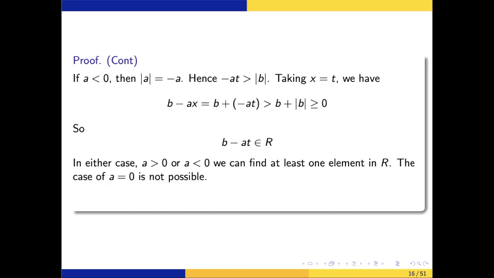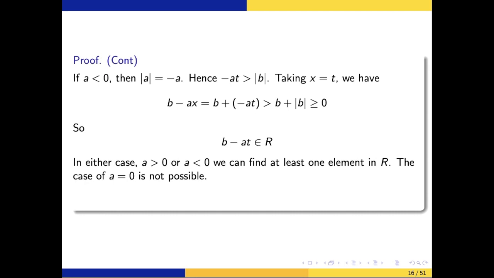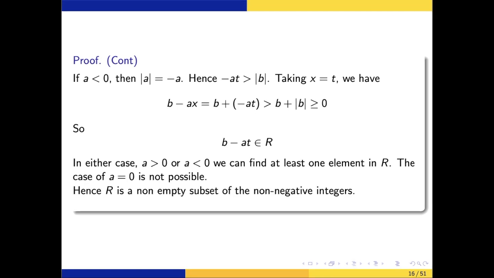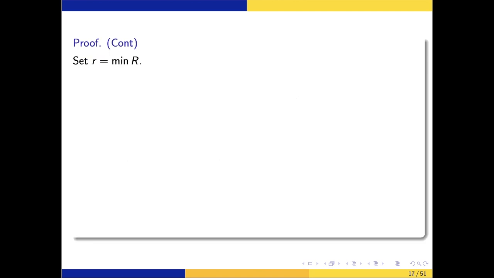In either case, if a is negative or positive, we can find at least one element in R, and a equals 0 has been excluded. We are not considering the case of a being 0. So all this goes to show is that R is a non-empty subset of the non-negative integers. This means that R has a least element.